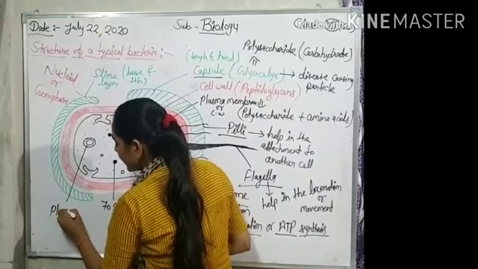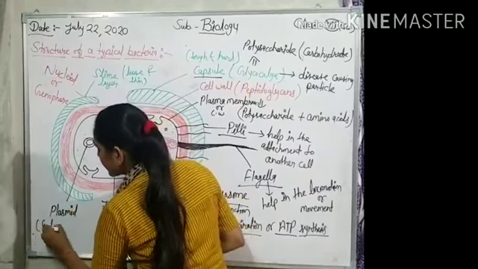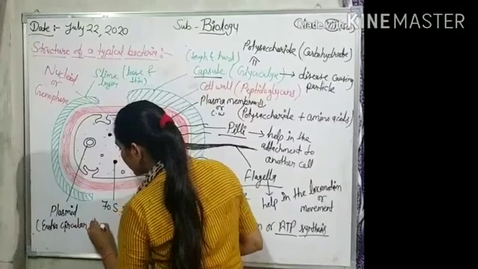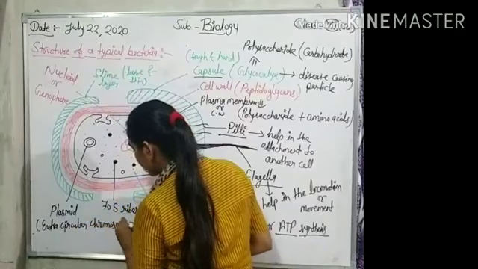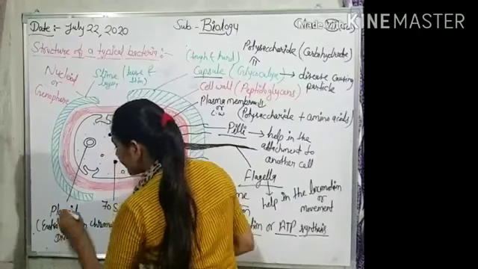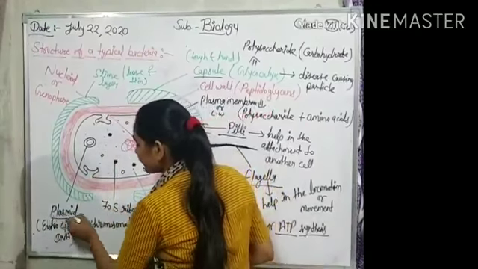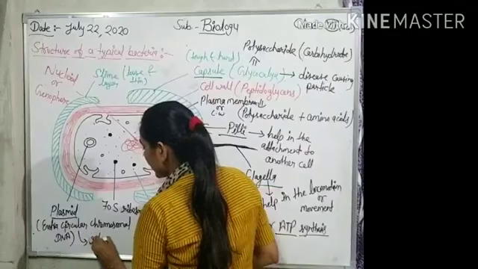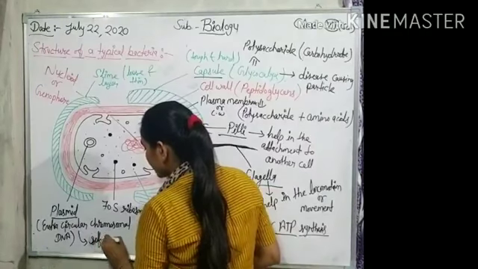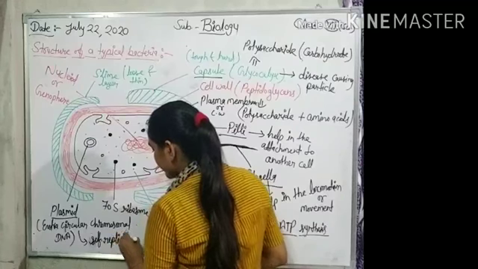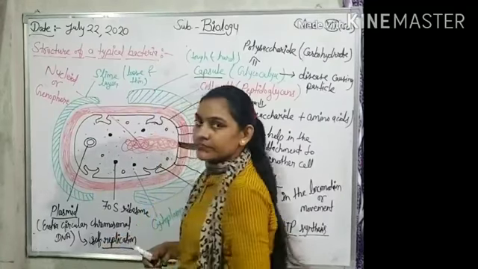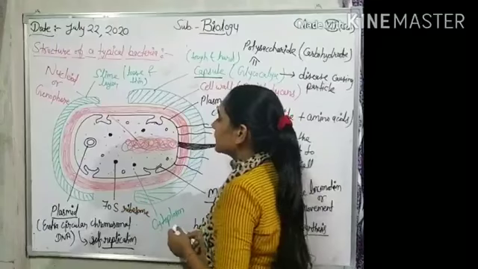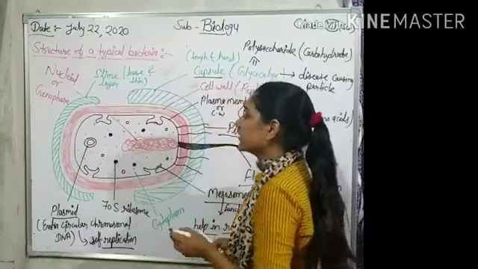It is called plasmid, extra chromosomal DNA. Property: self-replication. Replication means it makes its own copies by itself, and is fully independent.